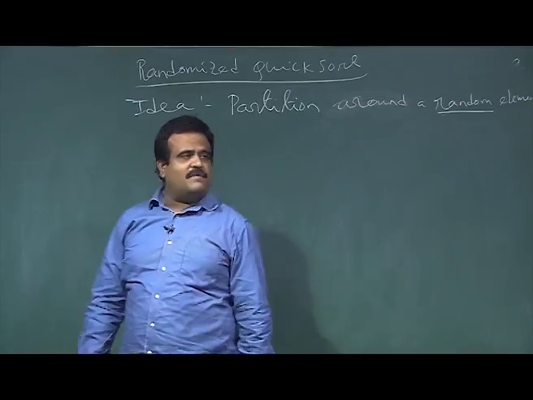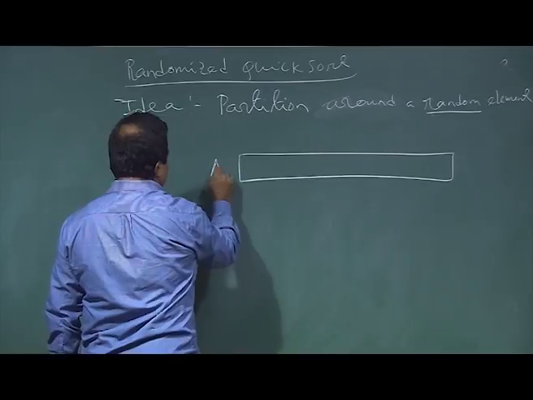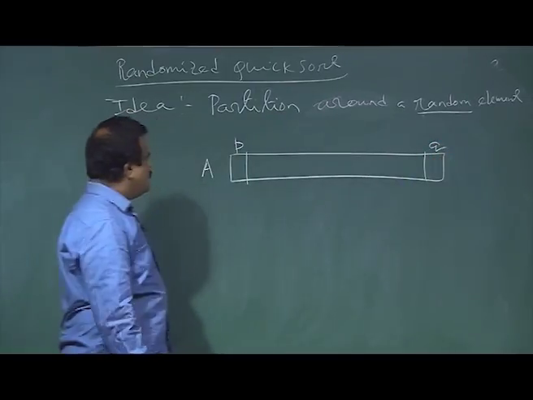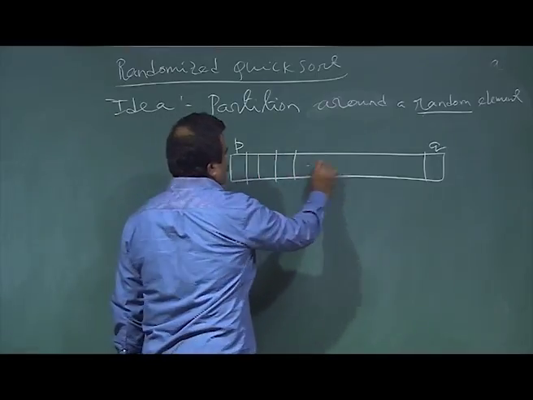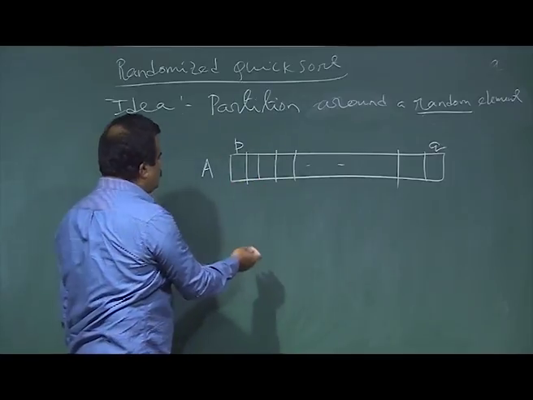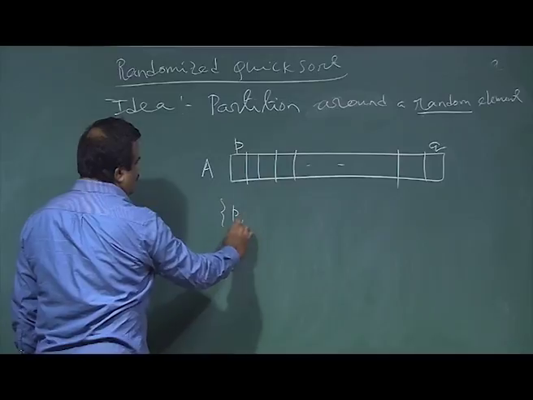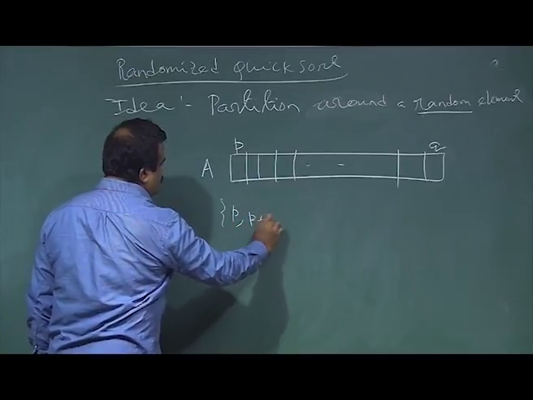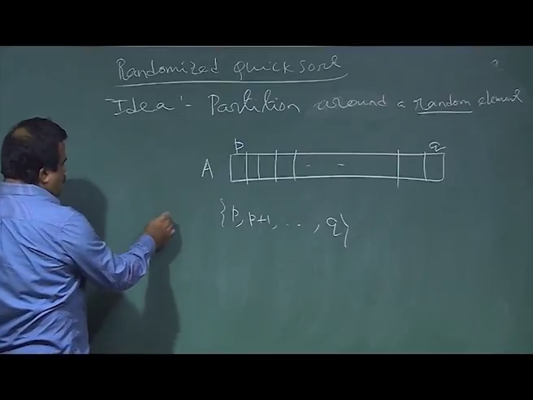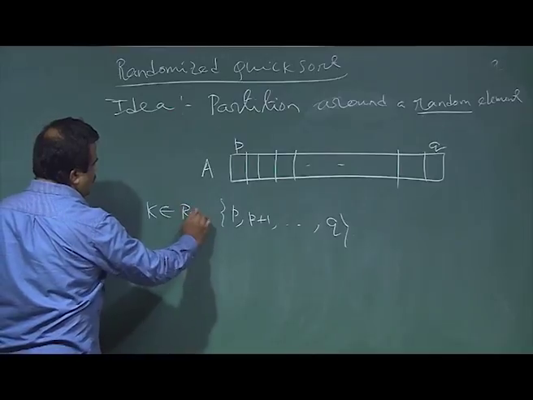We have a given array, starting from P to Q, say initially 1 to n. Any element, at any position, could be a pivot element. So we just choose a random number k from the index set p plus 1 up to q. From this index set we choose k randomly.